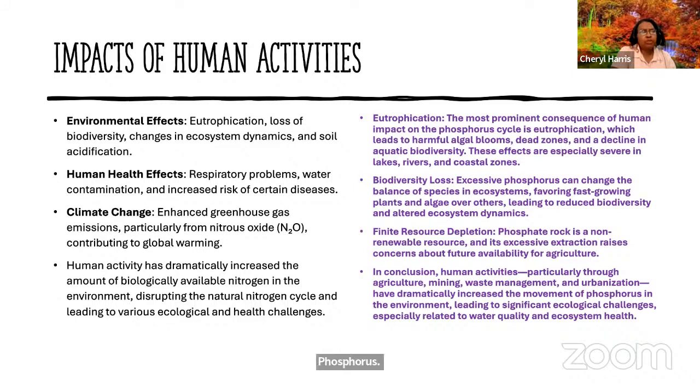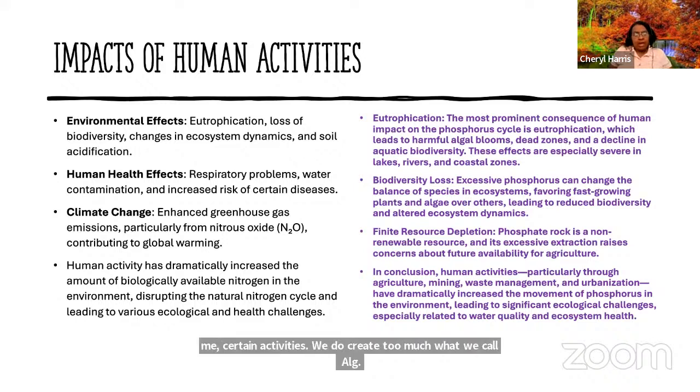So we can have too much of a good thing. And so what happens when our human activities add, or things just wash into the water, certain activities we do create too much of what we call algal bloom.